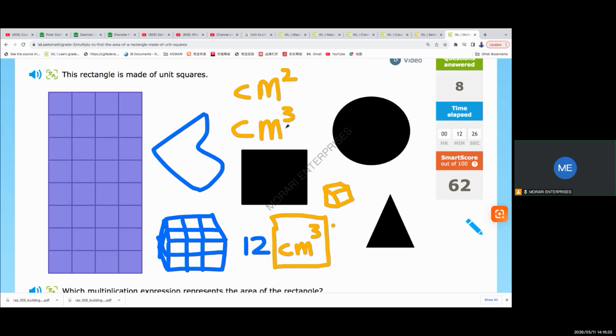If it's just a length, we just measure how long or how far, so it is just centimeter. Centimeter is just one side, length; square is 2 sides; cubes are 3 sides: the length, the width, and the height.